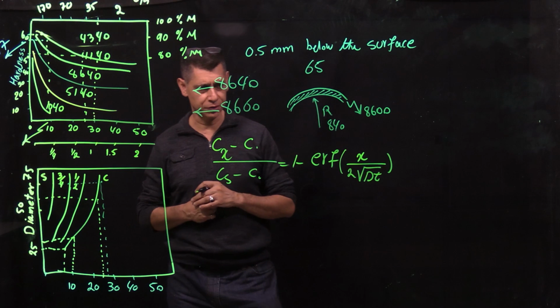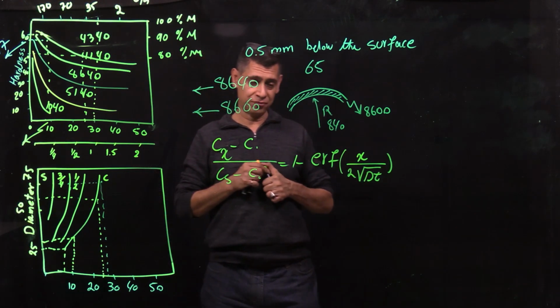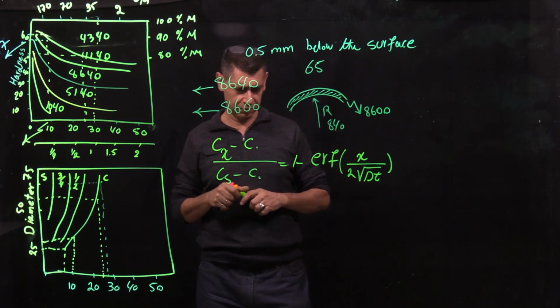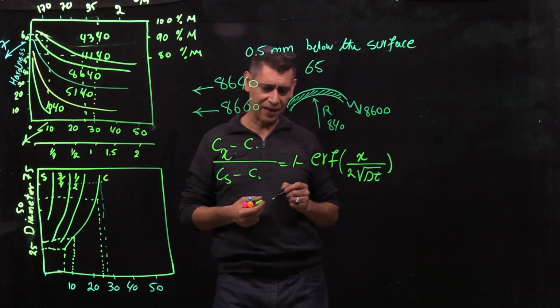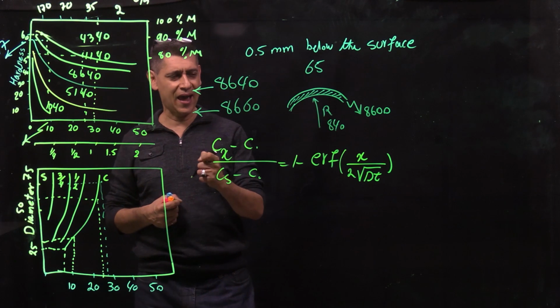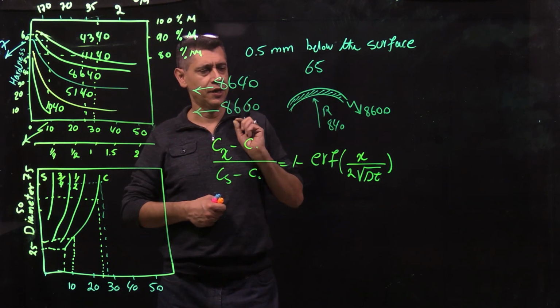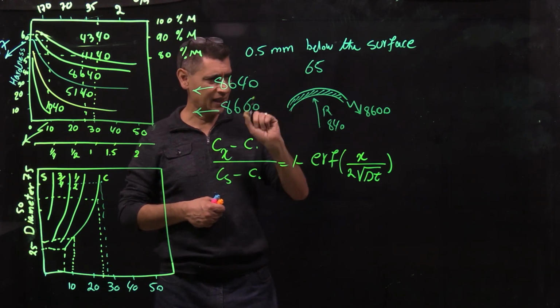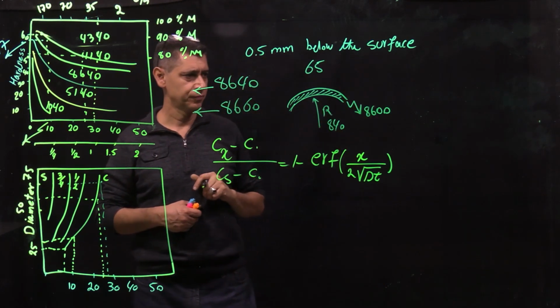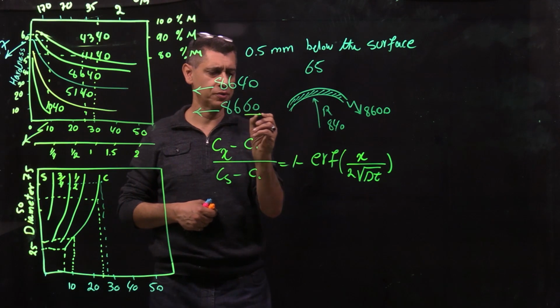This is the equation. Again, you have to be very, very comfortable to recognize all these values. C sub x is the desirable carbon content at that depth. So what is the desirable? It is 0.6.